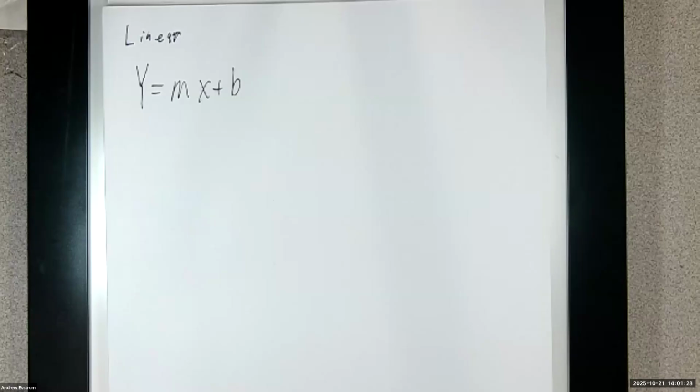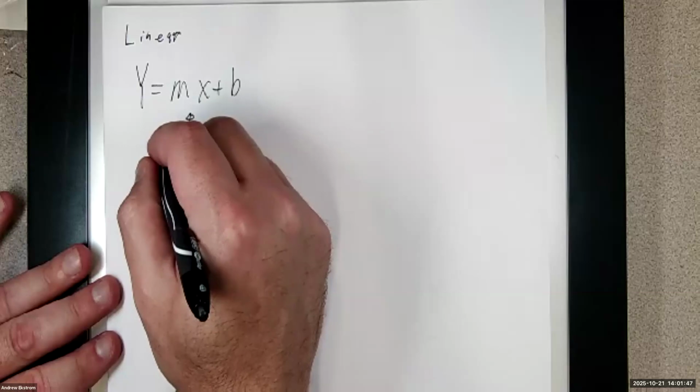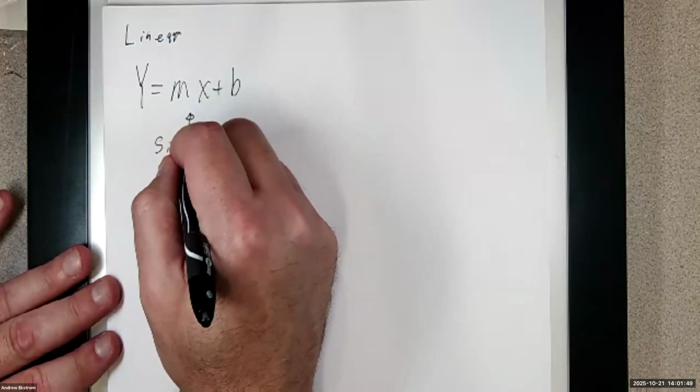Pretty sure everyone here has seen this before. So when we're looking at this type of a model, because it is the most basic version of a regression model we can have, we'll actually call this and refer to this as simple linear regression.